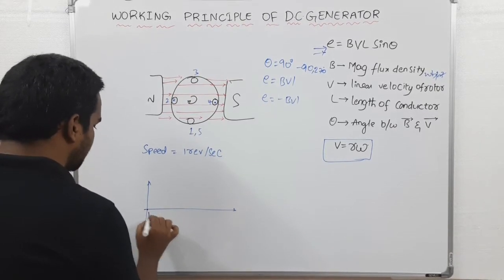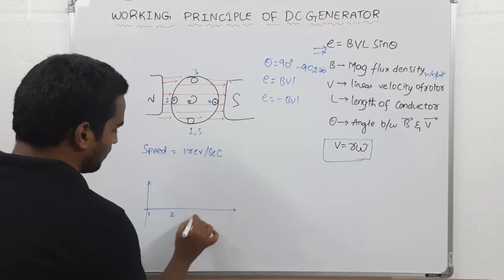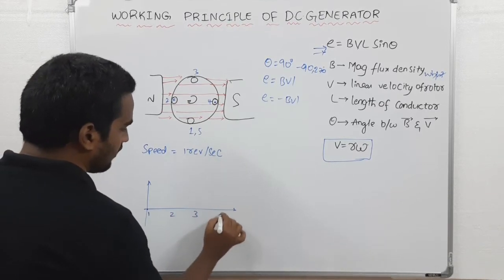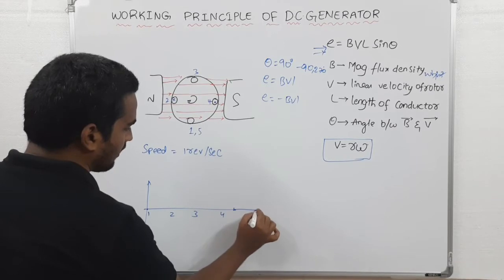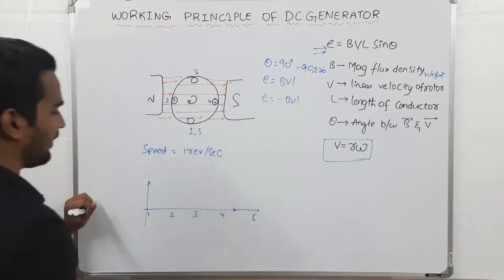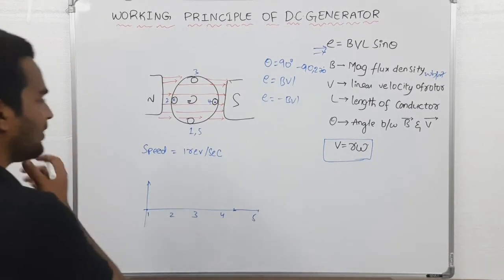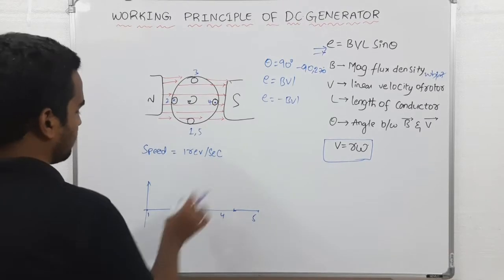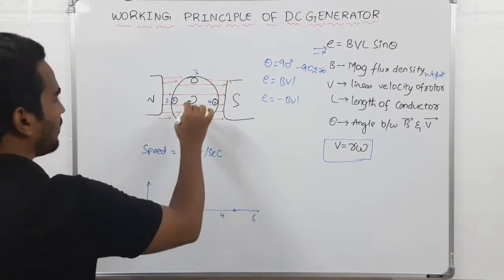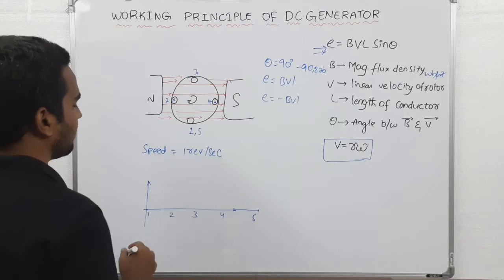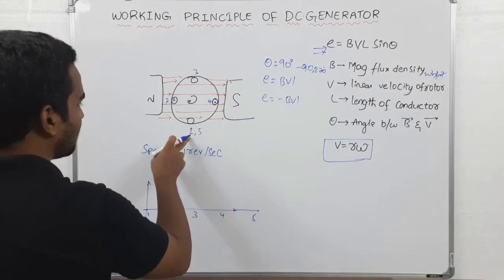These are the positions 1, 2, 3, 4 and 5. These are the different positions of this rotor. The rotor is rotating in this manner. Let us start with position number 1.